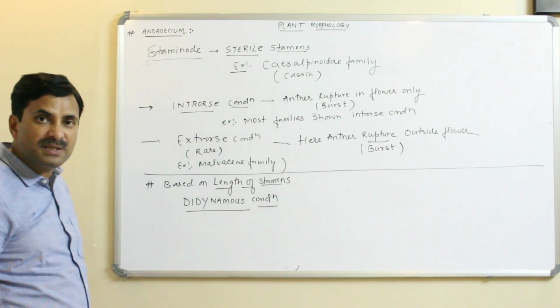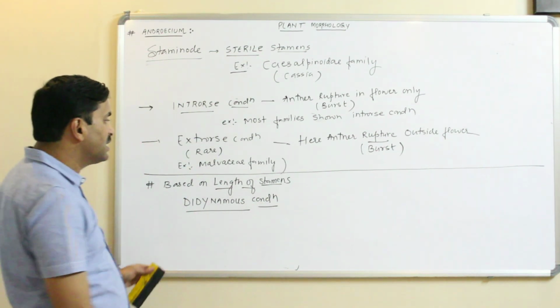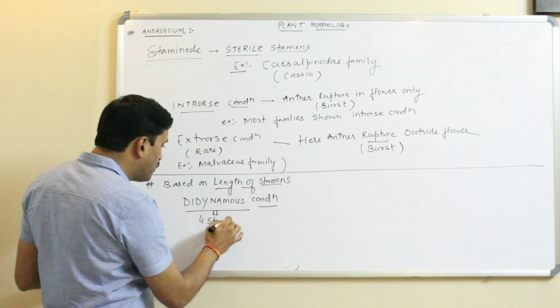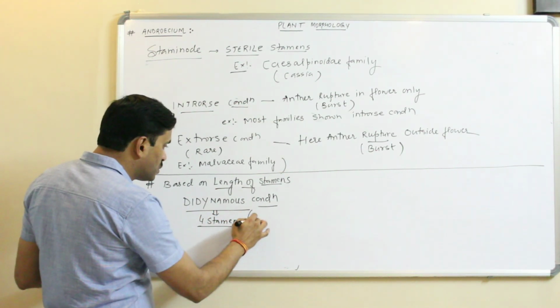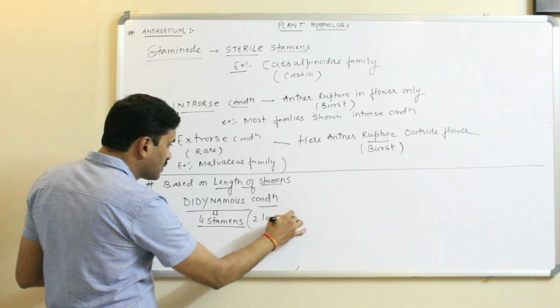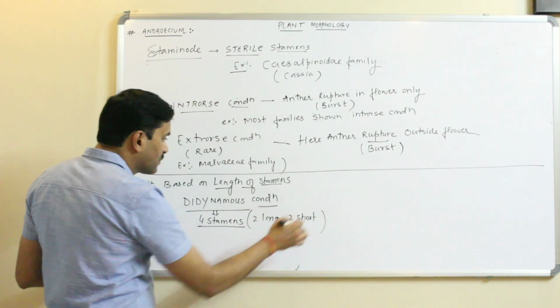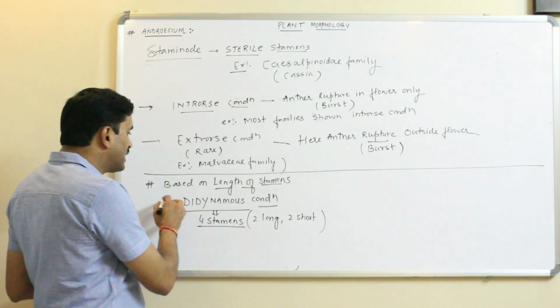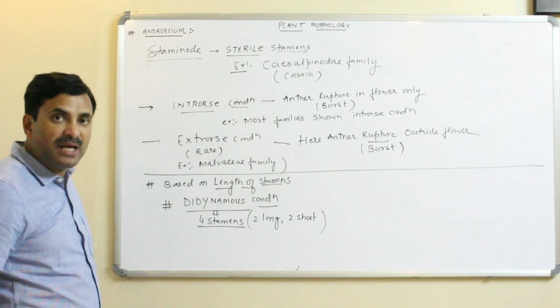Based on the length of stamens, right? Didynamous condition is found. Didynamous condition means what? How many stamens? 4 stamens. 2 long, 2 short. 2 stamens are long, 2 stamens are short. Such a condition is called as didynamous condition.